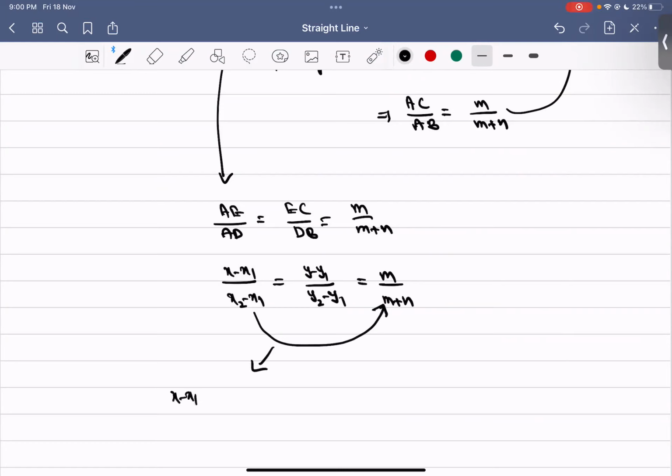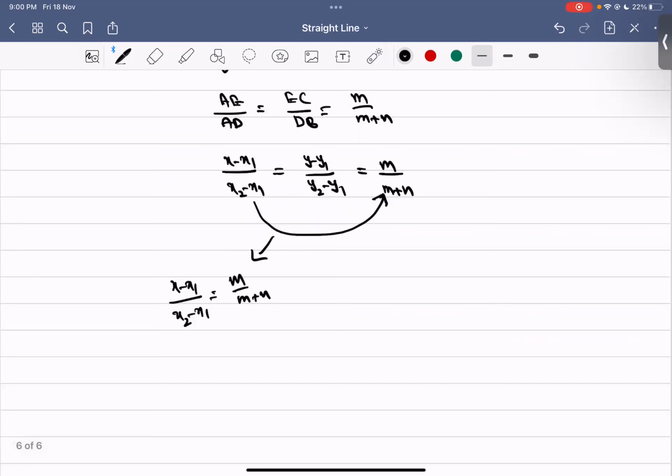From this one, x minus x1 by x2 minus x1 is equal to m by m plus n. So x minus x1 into m plus n is equal to m into x2 minus x1. Our requirement is x. So x into m plus n minus x1 into m plus n is equal to m into x2 minus x1.